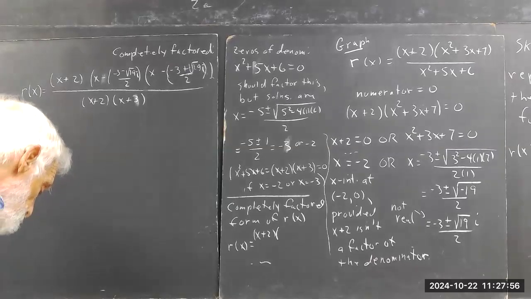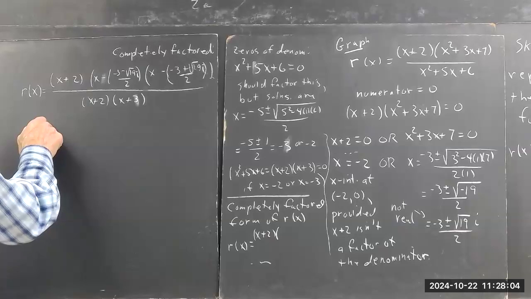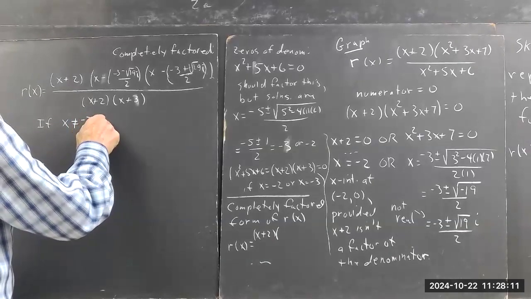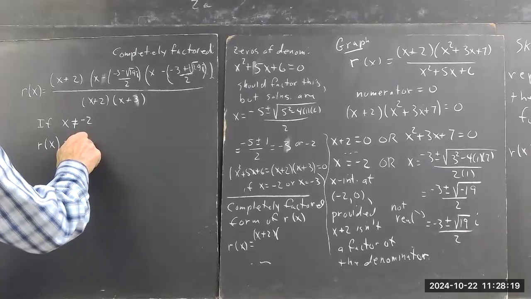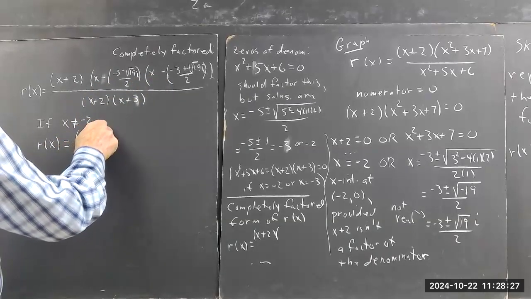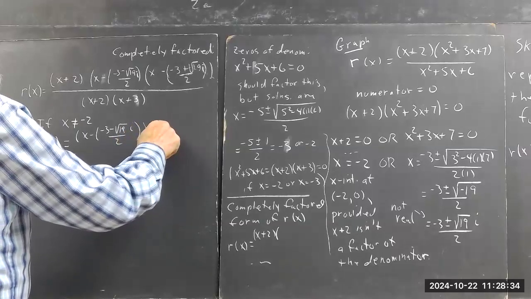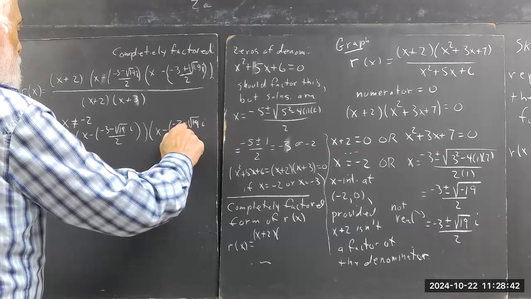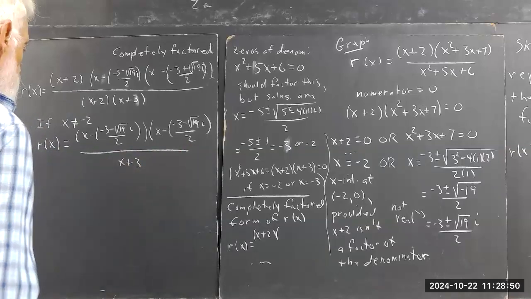Now, before you do that, you say if x is not equal to -2, r of x equals just this mess divided by x plus 3.